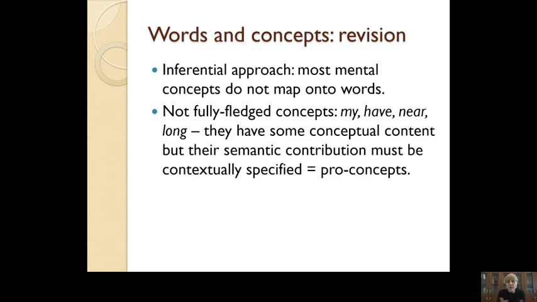So all these words, mind you, have some conceptual content, but their semantic contribution must be contextually specified. Let me explain that to you. So if I say my, you cannot be sure what I mean. If I say my book, does it mean that I own the book? Does it mean that I'm currently reading it, that I've written it perhaps, that I've borrowed it from the library? So as you can see, it may be mine in many different ways.